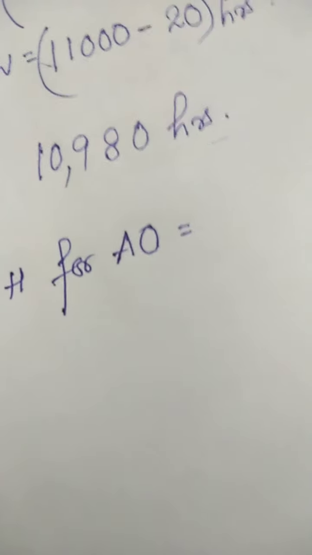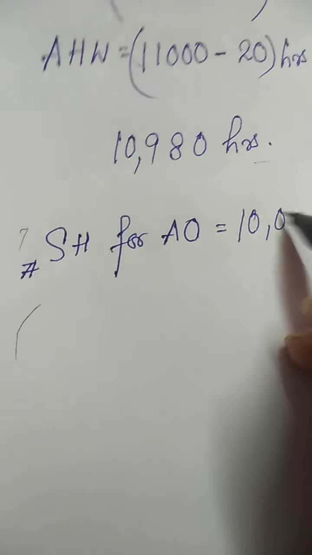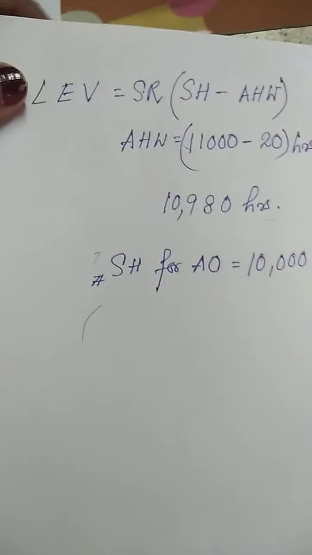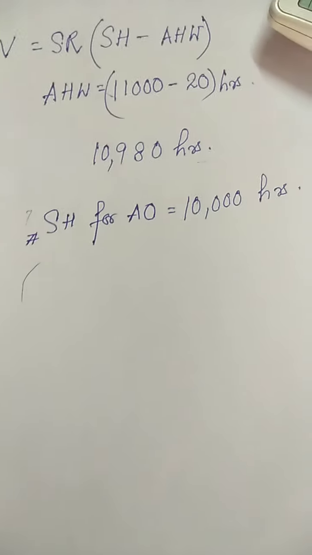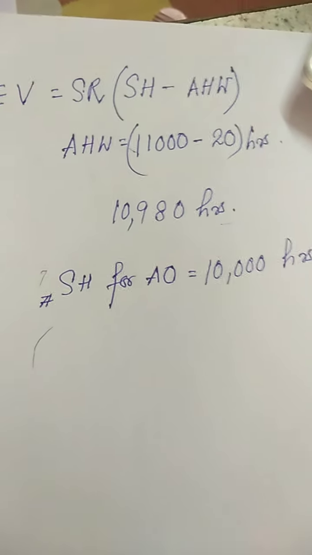So standard hours for actual output is coming to 10,000 hours, and how much is my actual hours worked? 10,980. Is it clear? Standard hours for actual output is 10,000 hours and actual hours worked is 10,980.